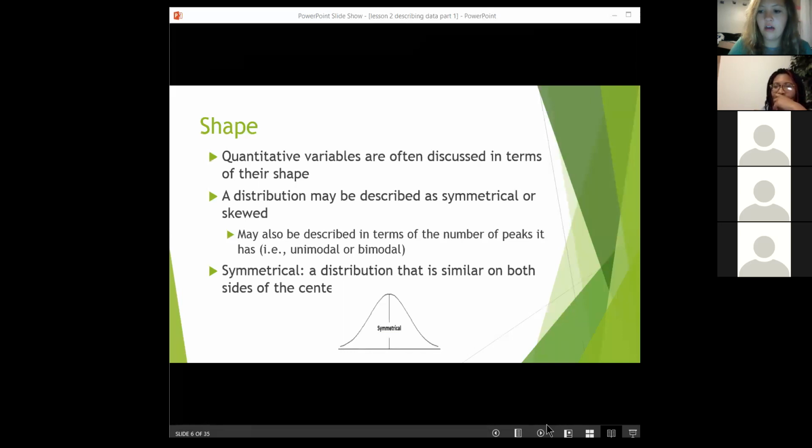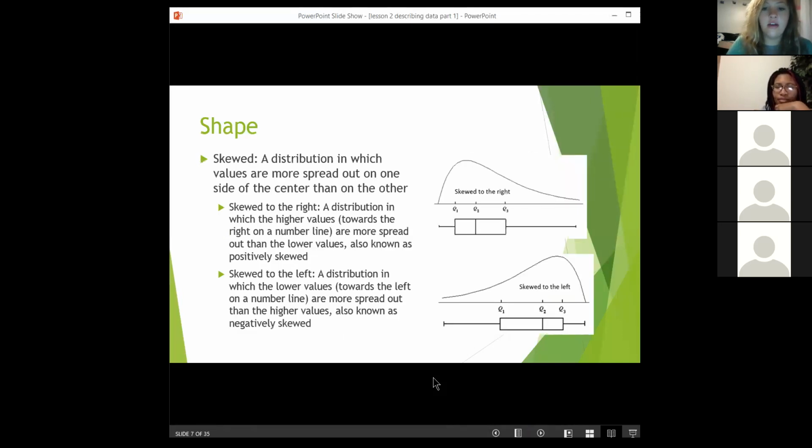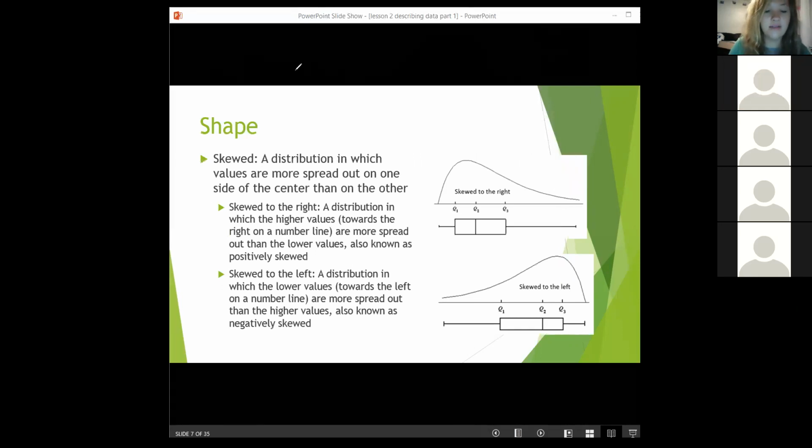Going more into shape, skewed distributions are where one side is more spread out than the other. This is something I know a lot of people sometimes can't get straight in their head, like which one is skewed to the right and which to the left. Just remember, it's skewed to whichever side the values are more spread out.